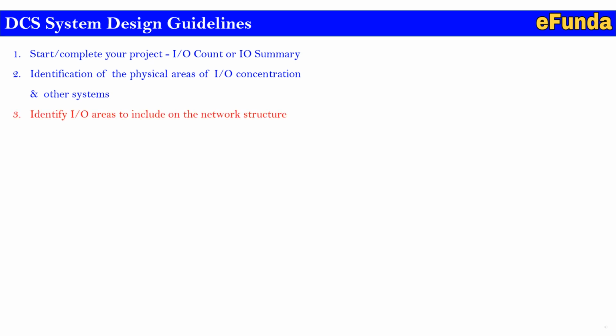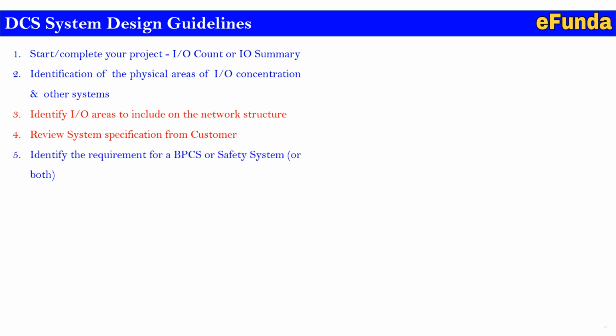Third, identify IO areas to include on the network structure. Fourth, review system specification from customer. Fifth, identify the requirement for a BPCS or safety systems or both. Sixth, identify redundancy requirement at a system, network and hardware level.